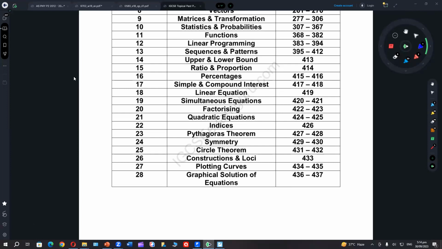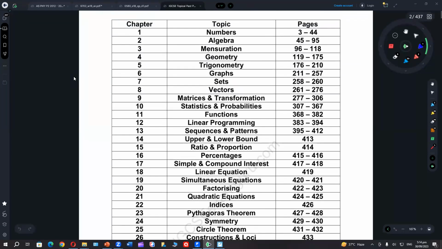They haven't separated it, so I have to look for it. They have made topics, but it must be somewhere in it, maybe in algebra or geometry, but this is something to search for.